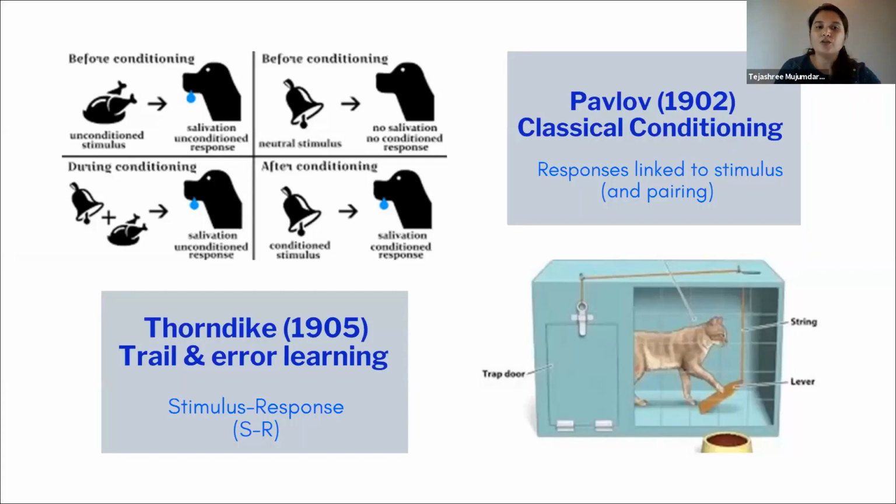Thorndike came in and did the very famous cat experiment, in which the cat learns via trial and error. It presses the lever and the door opens, and the cat follows a particular path. Over a period of time, the cat learns to press the lever quickly.